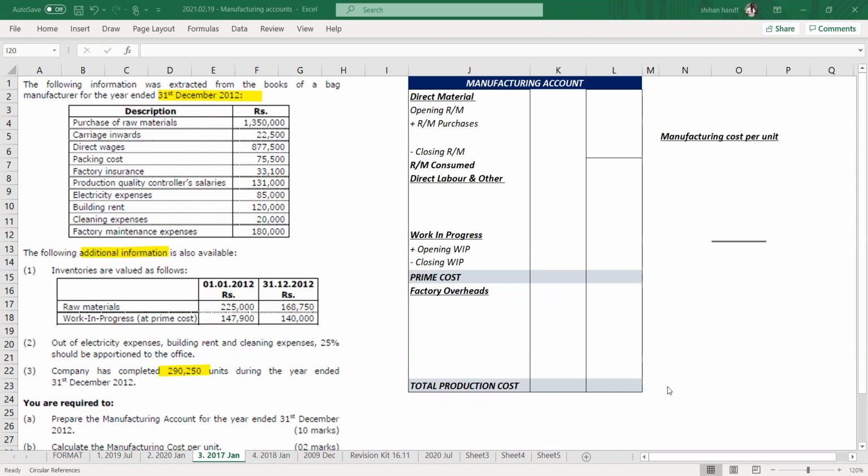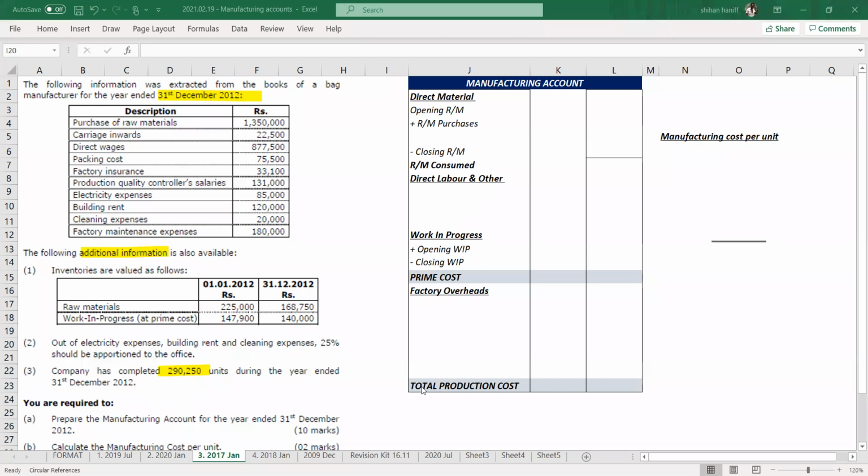There are some doubts. 25% to office means 75% to the factory.